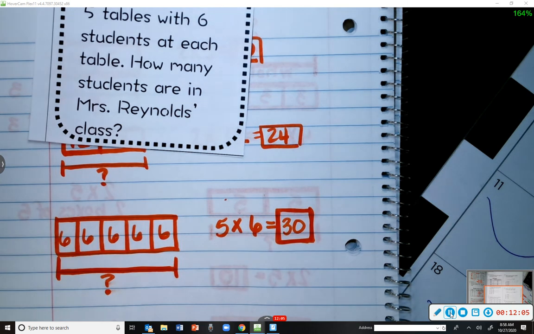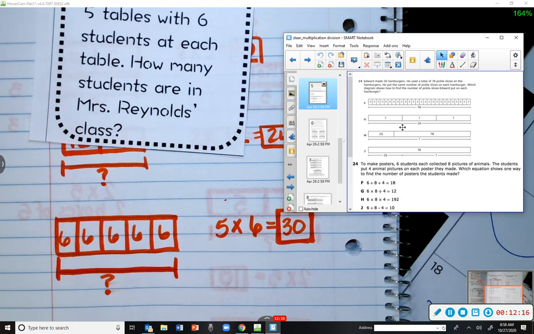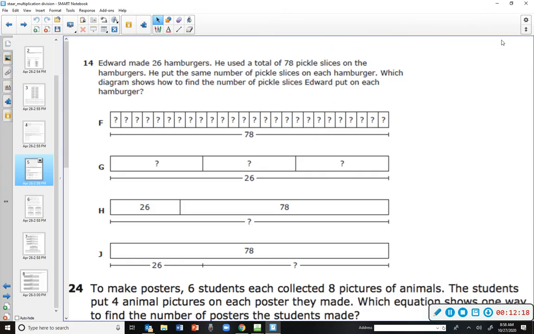Okay. All right, now I want to show you what you might see later on when we start to take harder tests and do harder word problems. This is pulled straight from a STAR test that I wanted to show you. Okay, what does this look like? What do these boxes look like with the strip down here?